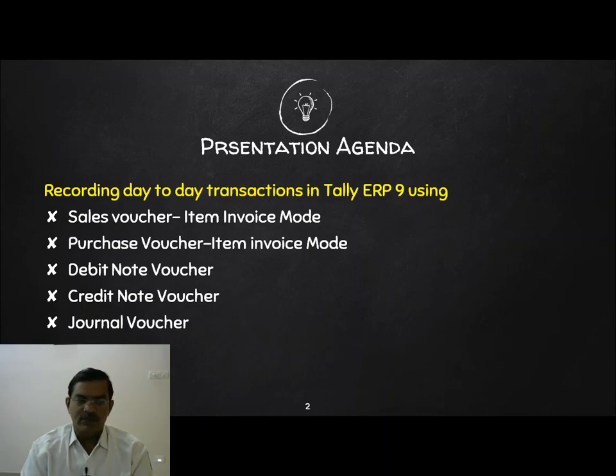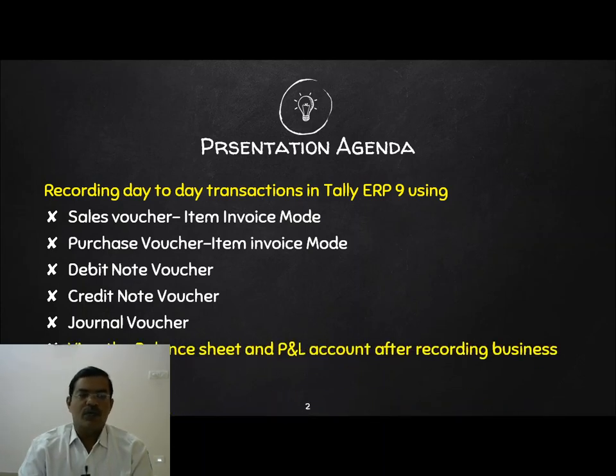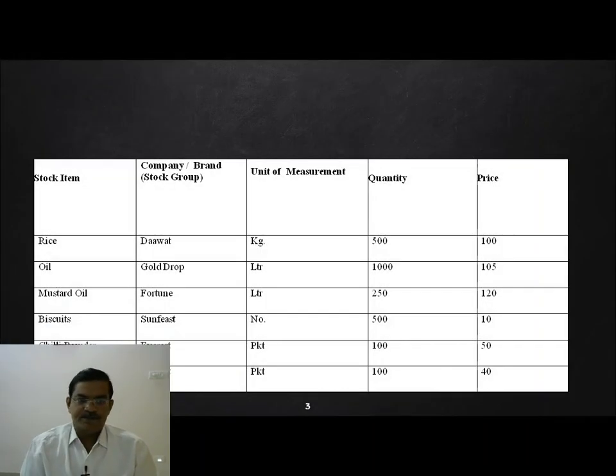So this is part number 2, where we cover the remaining part of day-to-day transactions in Tally ERP 9. And also we can view the balance sheet and profit and loss account after recording the business transactions. After using all the entries, we will see how these figures appear in the balance sheet and profit and loss account. Okay, let's begin.